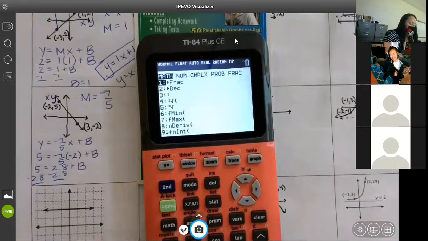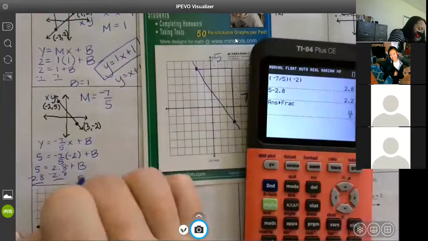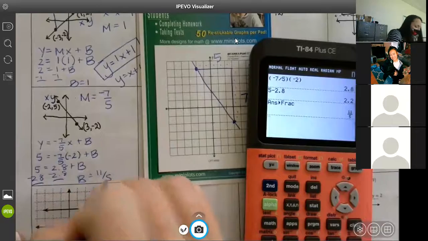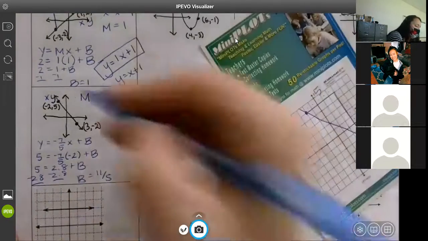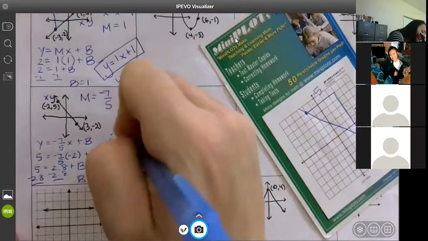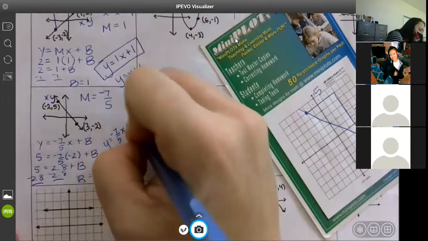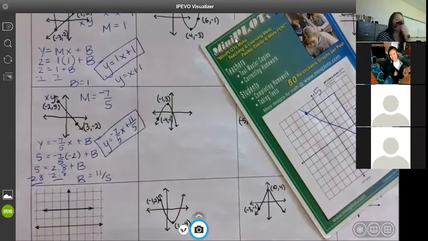And I get 2.2 or 11 over 5. You can leave it as 2.2, I don't care. Decimals and fractions don't bother me. So my equation is my slope, -7/5 x plus 11/5. So that one was really crappy, sorry.